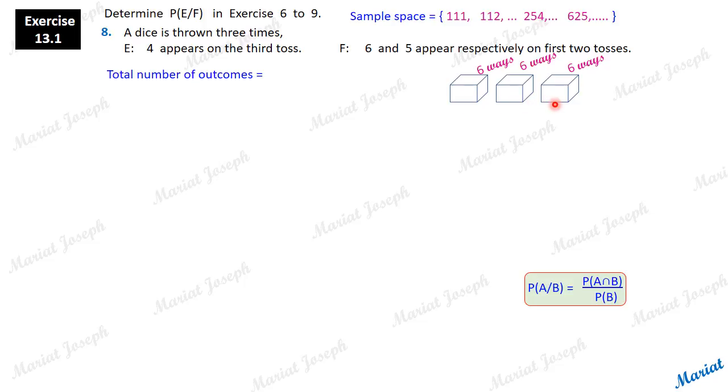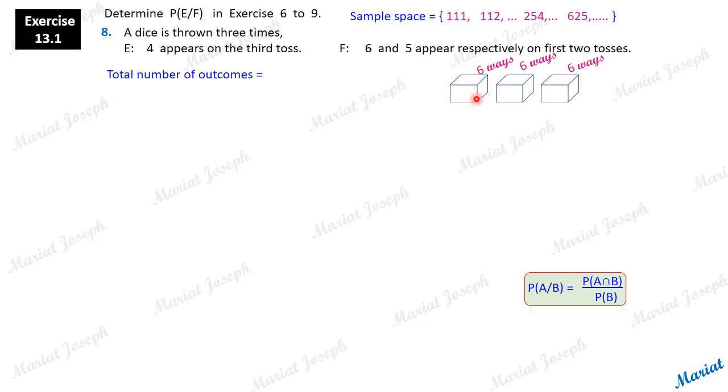Those outcomes might be: you got 1 the first time, again 1 the second time, again 1 the third time, we call it 1, 1, 1. Or 1 the first time, 1 again the second time, and the third time you get 2, so 1, 1, 2. Or it could have been you got 6 in the beginning, the second toss resulted in 2, the third in 5.